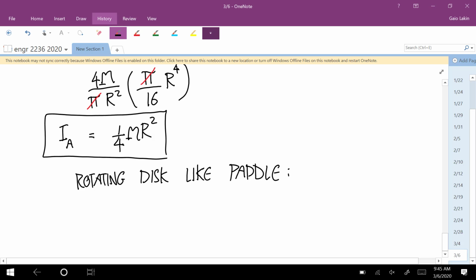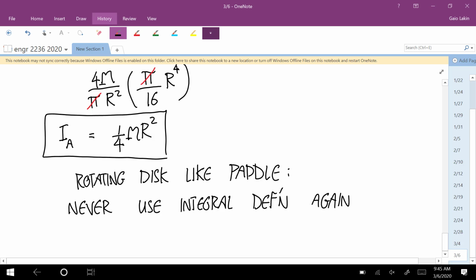Now that this has been done once, you never have to use that integral definition again. We just have to use the formula that we just came up with.